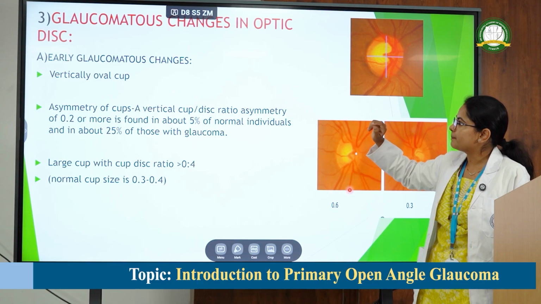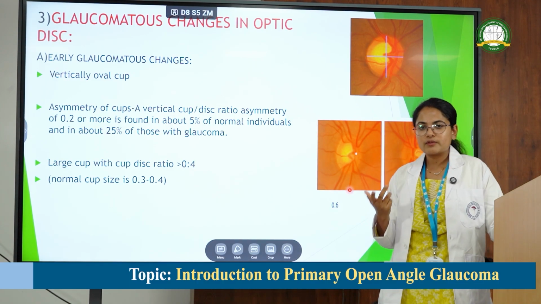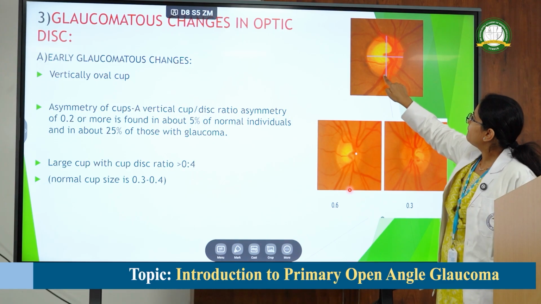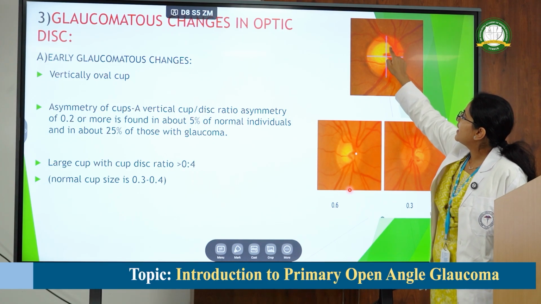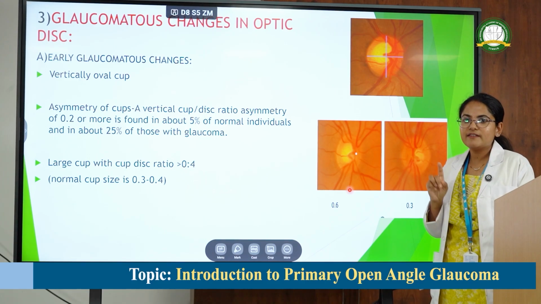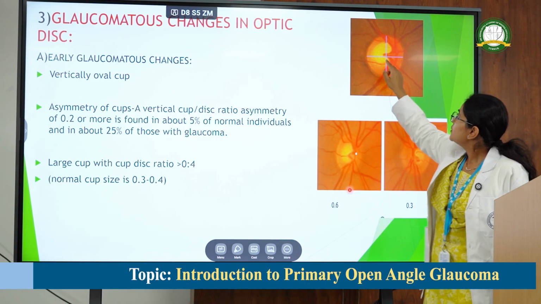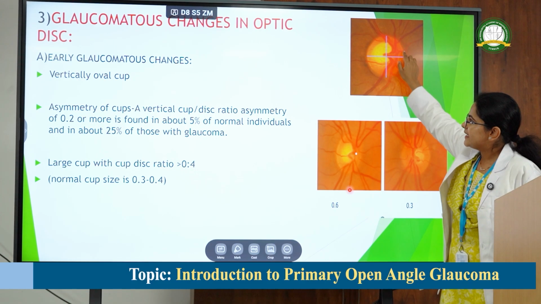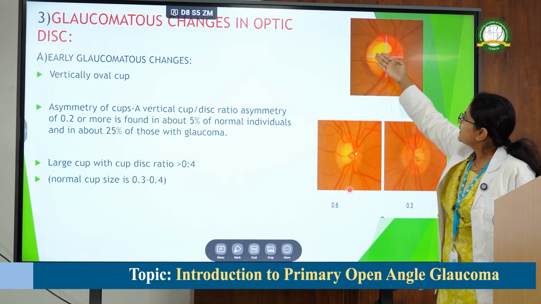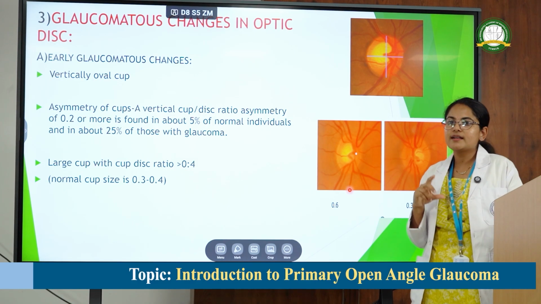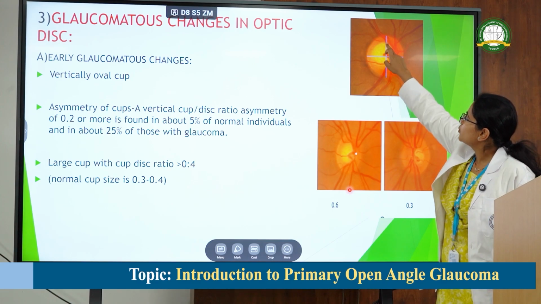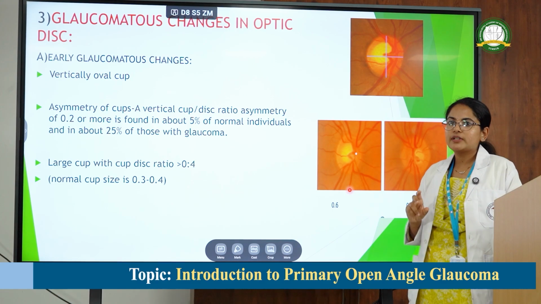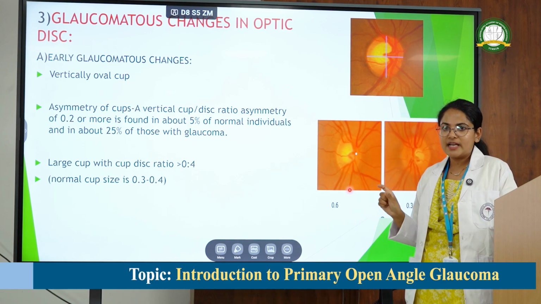Glaucomatous changes in optic disc. In glaucoma, what will happen? The poles, superior pole and inferior pole, become very thin. That is the first sign we see. So the earliest glaucomatous change is vertical cupping. Why is the cup vertical? Here the inferior pole and superior pole are both supported by large pores of the lamina cribrosa.